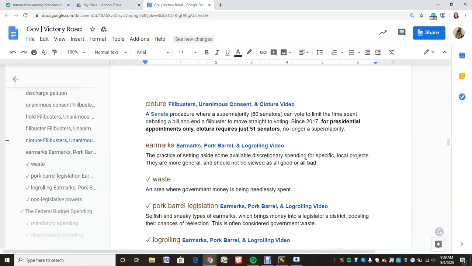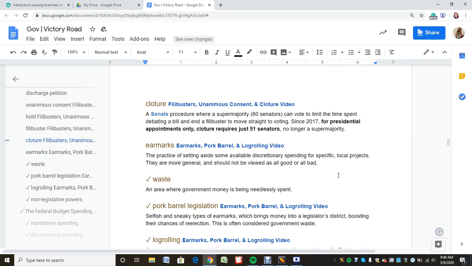All right, so now we're going to get into earmarks and pork barrel legislation. And here's where things in the Senate and the House of Representatives get a little corrupt. In general, earmarks aren't bad per se.